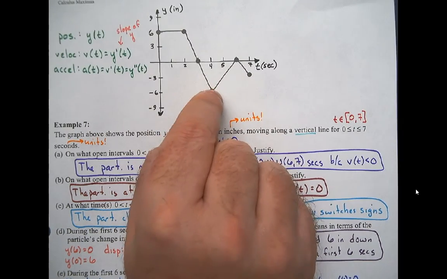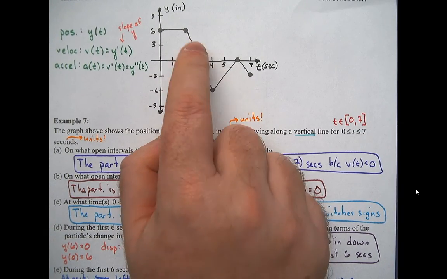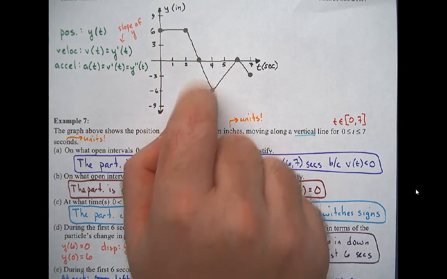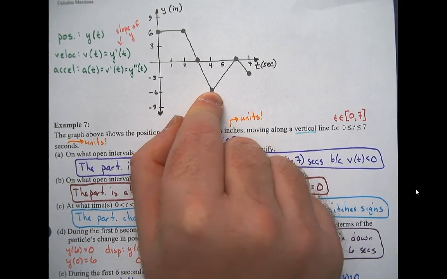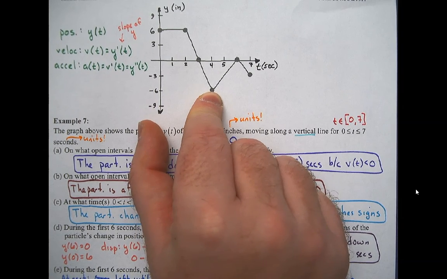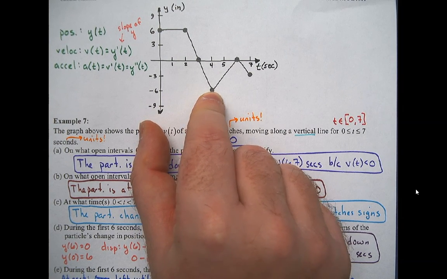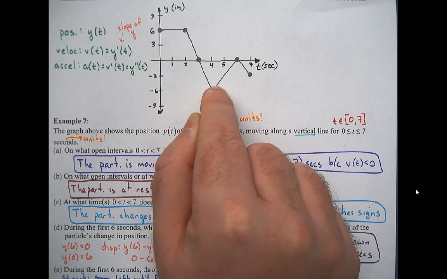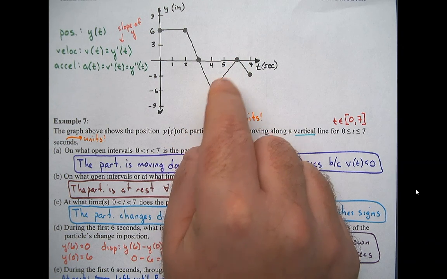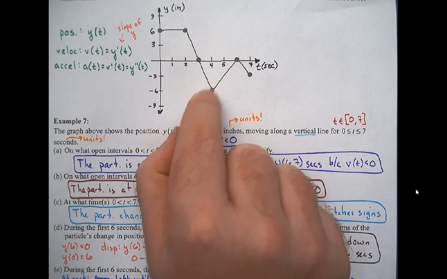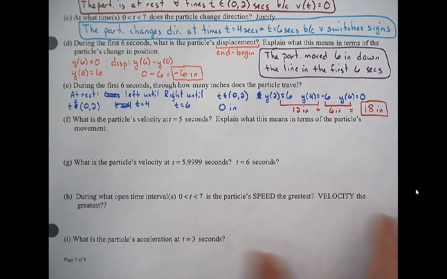Then from 2 until 4 seconds, my particle is going to the left because I've got negative slopes. I started at a position of 6 and ended at a position of negative 6. That means I traveled a distance of 12 inches. Then I changed direction and started to travel again. Over those next 2 seconds, I traveled another 6 units. So 12 units this way, plus 6, adds up to a total of 18 inches traveled.